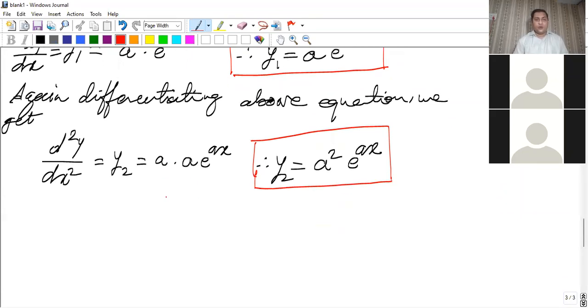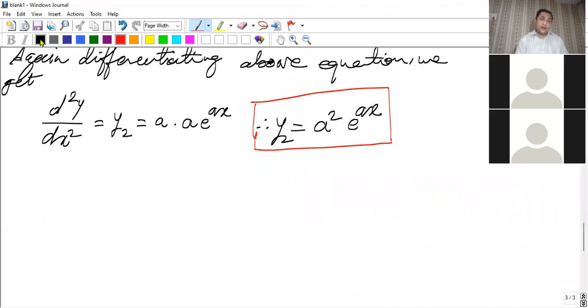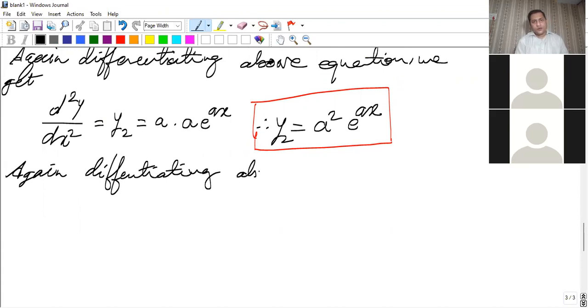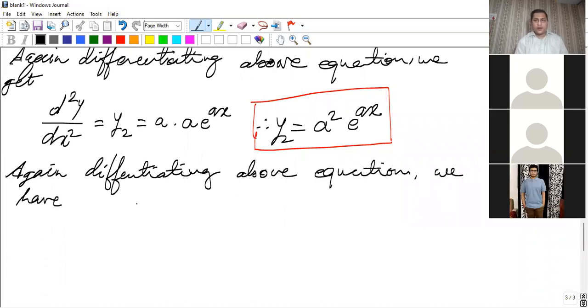Now again we'll differentiate this. Again differentiating the above equation, what will we have here? This is d3y by dx cube, and here it is going to be y3.